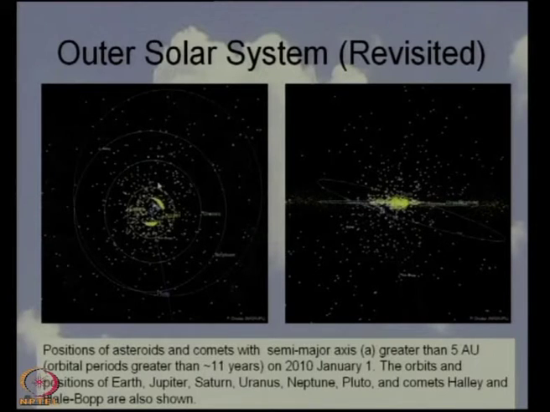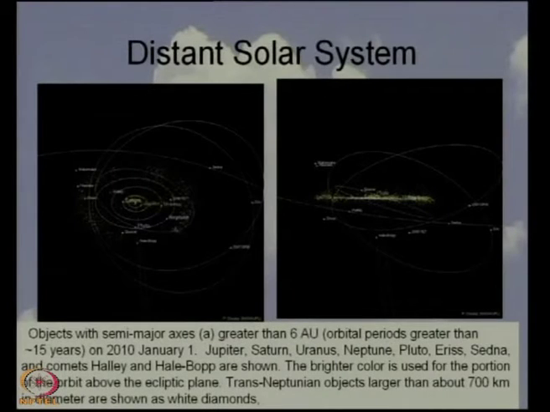The two comets Halley and Hale-Bopp are also shown in this picture, and this shows you the distant solar system. So, it shows you all objects which are beyond 6 astronomical units, as of 1st January 2010.